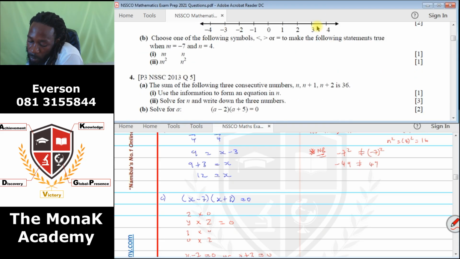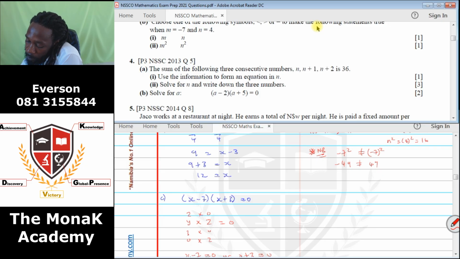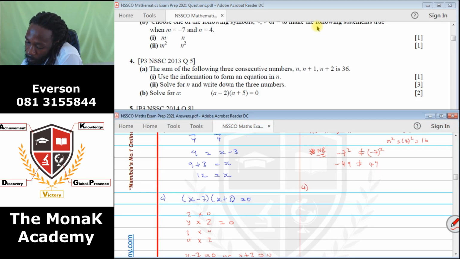We move on. Number 4. Number 4 says, and it comes from paper 3, 2013, question 5. And it says the sum of the following 3 consecutive numbers is 36.